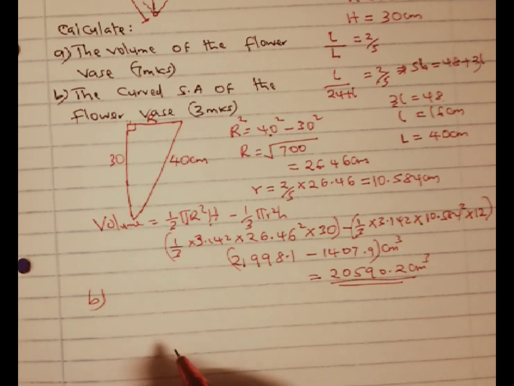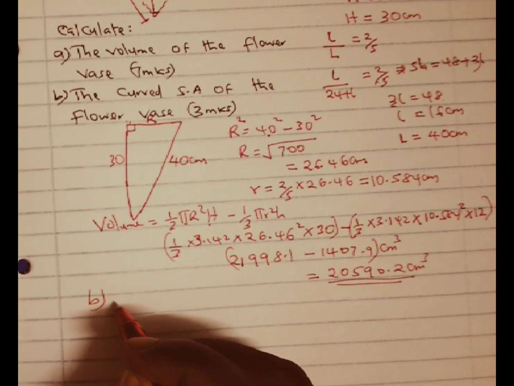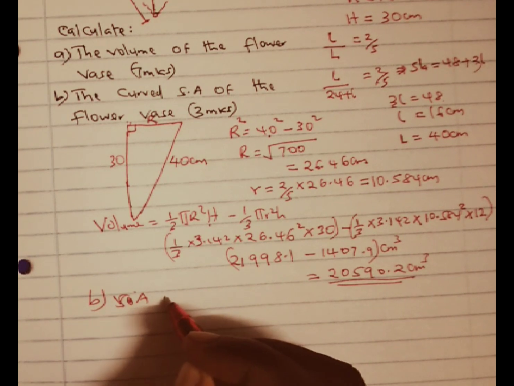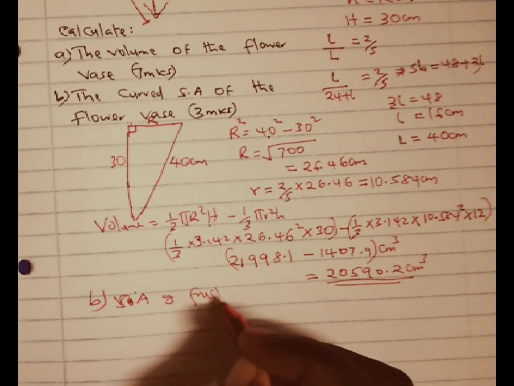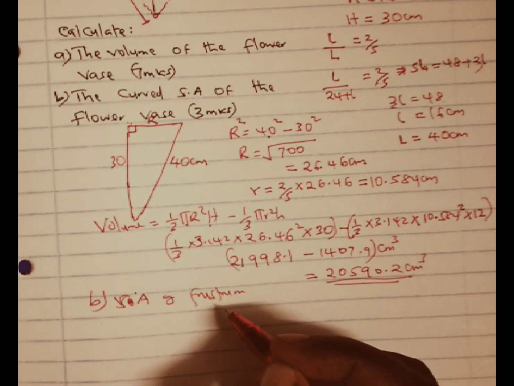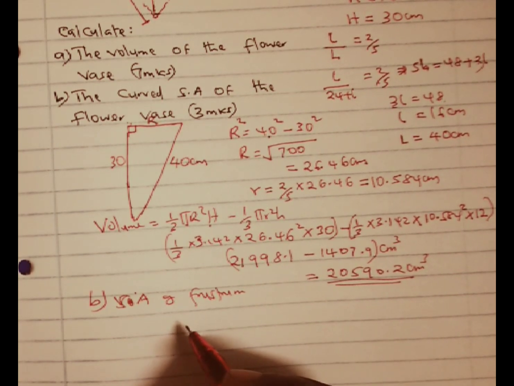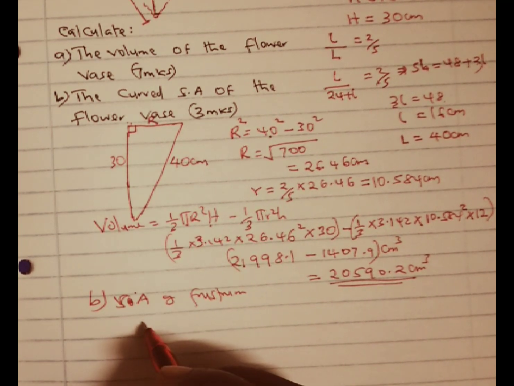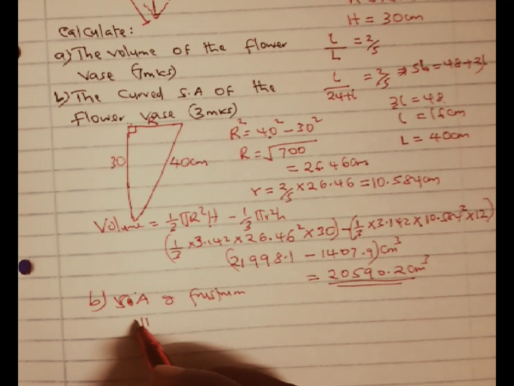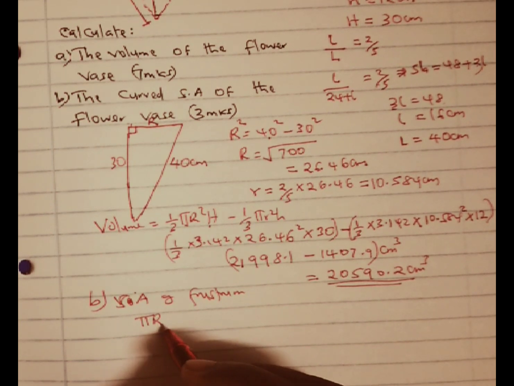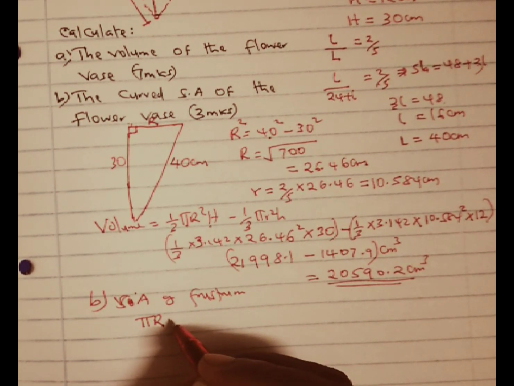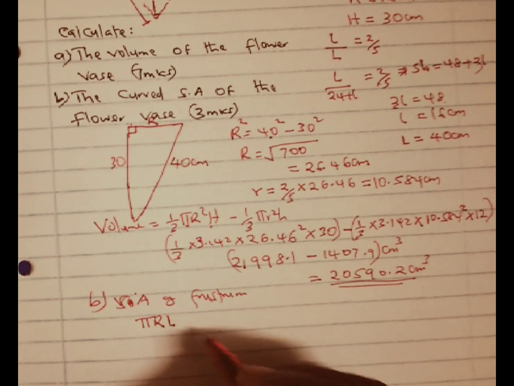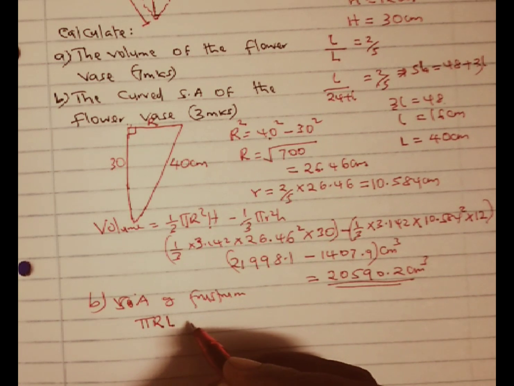We calculate part B of the question. In part B, we are supposed to calculate the surface area of a frustrum. And remember, the surface area of a frustrum is going to be equal to the surface area of the larger cone, which is going to be given by taking pi, you multiply by the bigger radius times the slant length of the original cone.